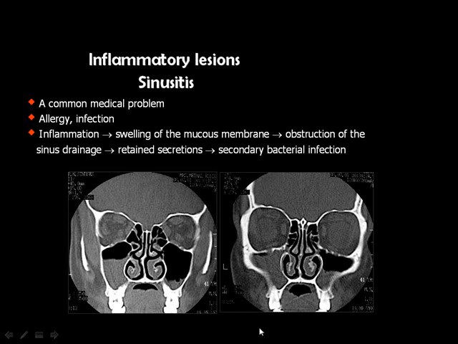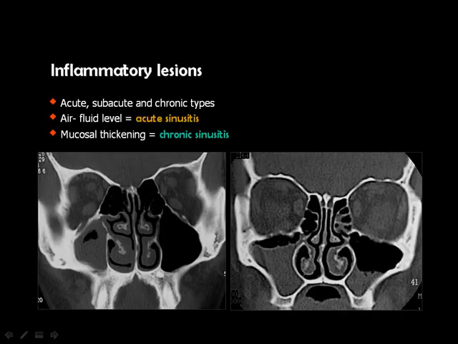Actually, we have some of the diseases that affect the paranasal sinuses, including the inflammatory and the neoplastic lesions, starting by the sinusitis, and you know that sinusitis may be in the acute form or in the chronic form, and we used to discriminate between acute and chronic sinusitis by the appearance of the fluid levels in cases of acute sinusitis and the concentric mucosal thickening in cases of chronic sinusitis.